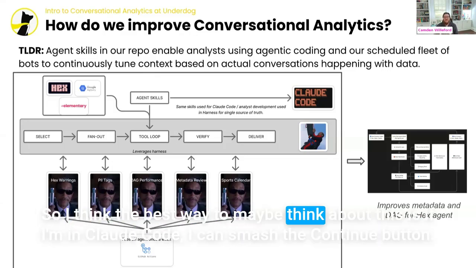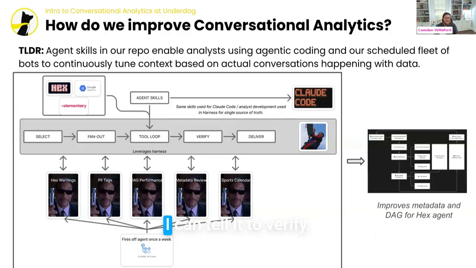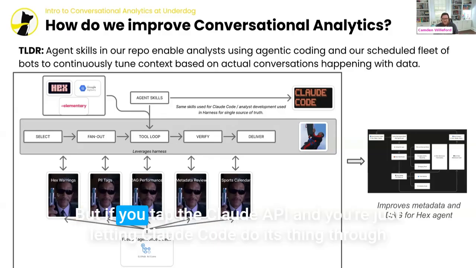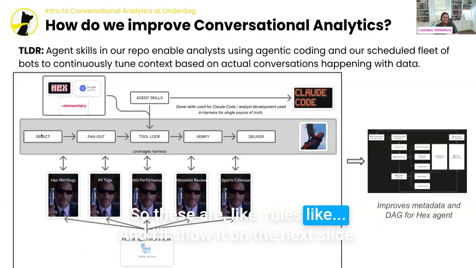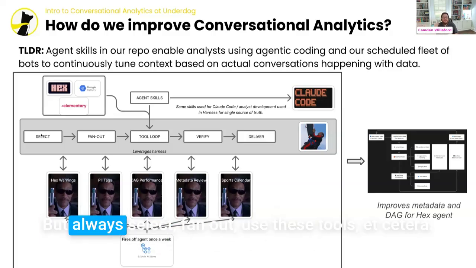The best way to think about this is, if I'm in Claude Code, I can smash the continue button. I can tell it to go use the tool again. I can tell it to verify. But if you tap the Claude API and you're just letting Claude Code do its thing through an agent, it may not do those things. So these are rules, and I'll show it on the next slide, like always select, fan out, use these tools, etc.